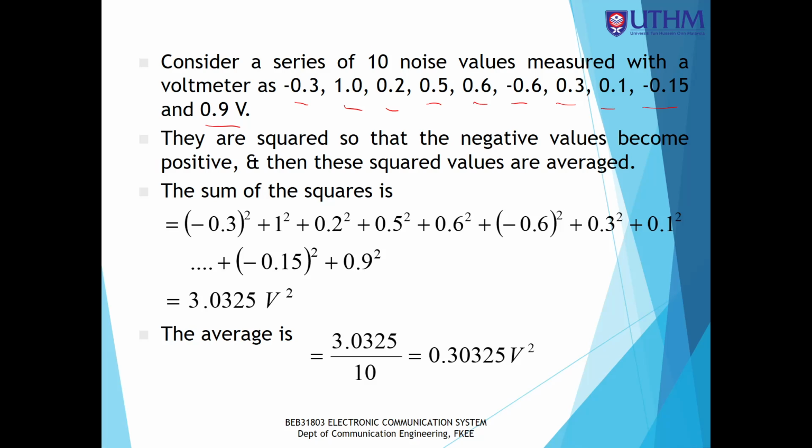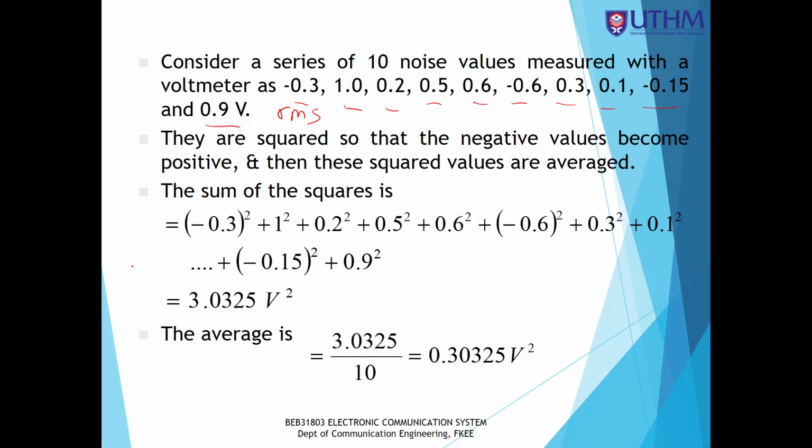Okay, so therefore you can find the quadratic summation of the measured value. So ini semua dalam RMS, all of this is in term of RMS value measurement. Okay, so find the quadratic summation.